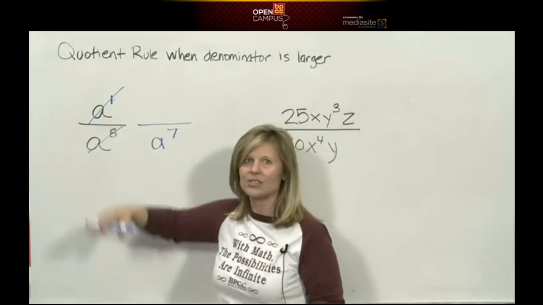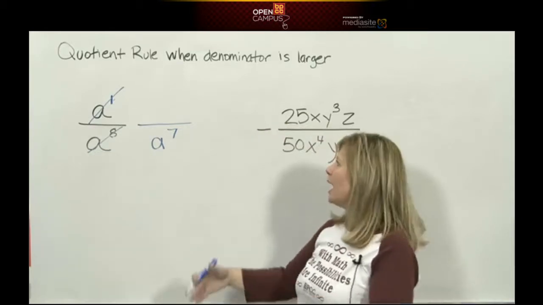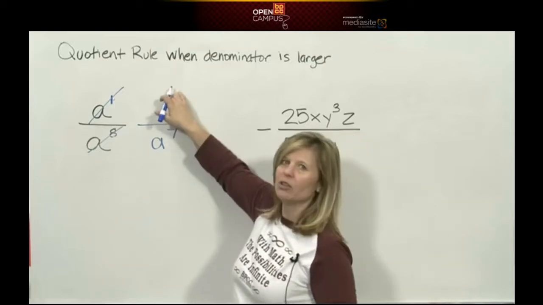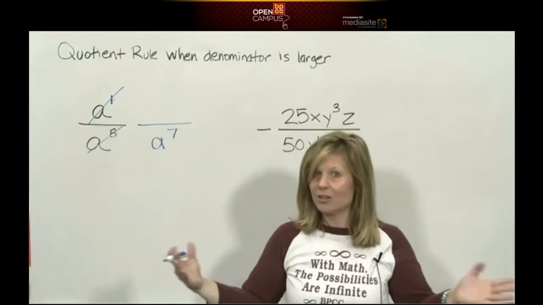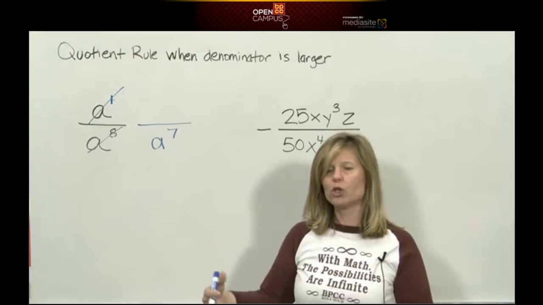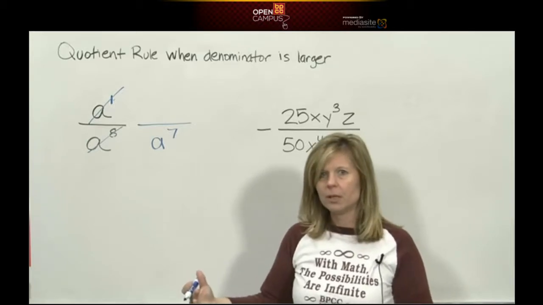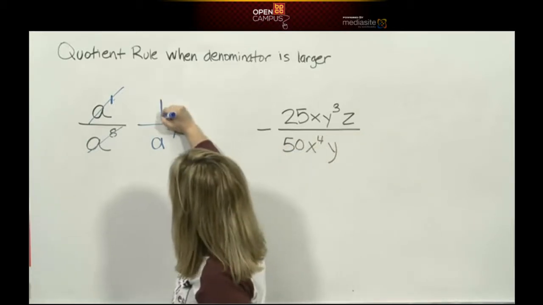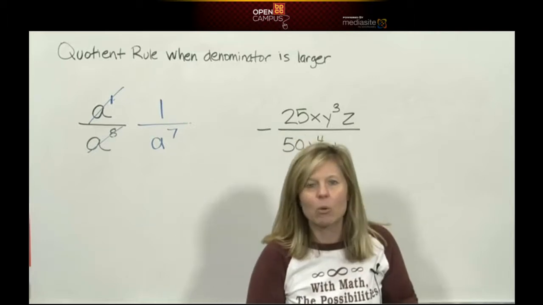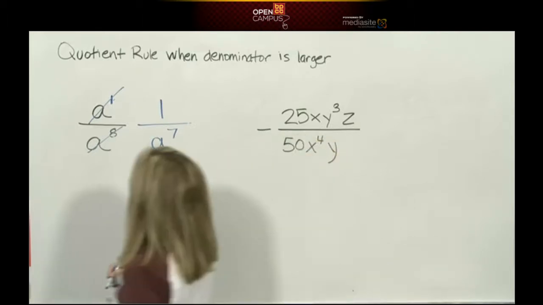Now here's the problem. Can you write a fraction with leaving the numerator blank? Heck no. So because we're doing division, this numerator has to be the number 1, not a 0, the number 1. Again, why?